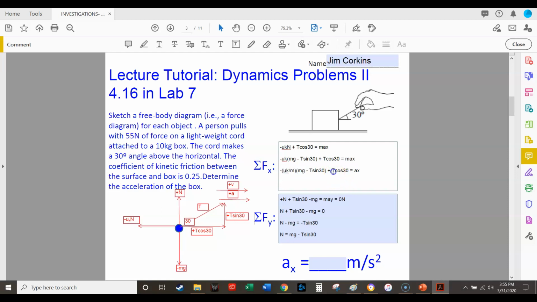And then I need to divide this by m. And now, so this entire expression is divided by m, and this entire expression is divided by m. And now we have a by itself. So go ahead and put in the actual numbers and solve for this acceleration.